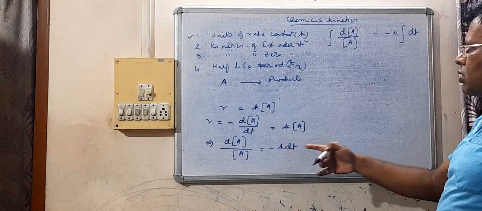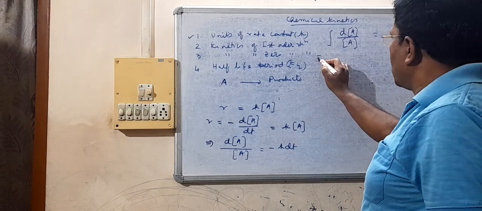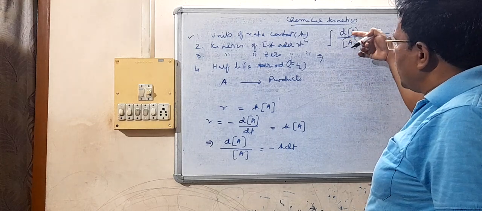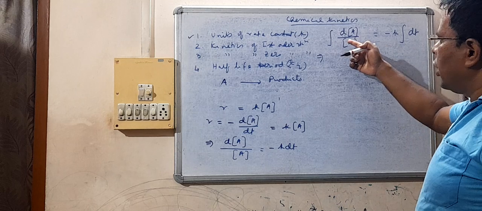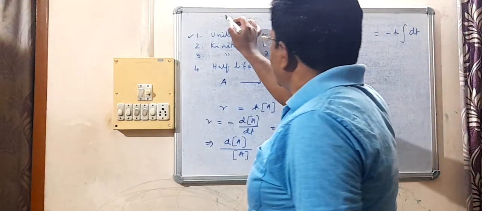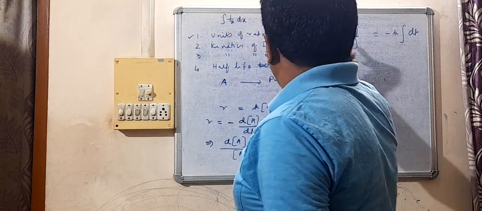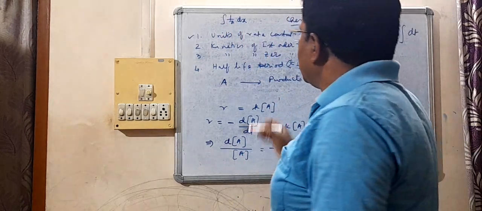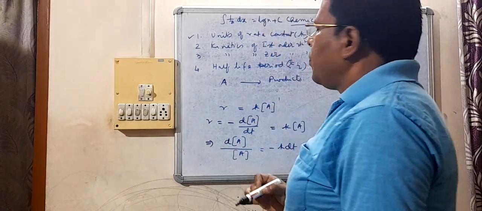Since k is a constant, it will come out of integration. Now this is a standard form of integration. Let me write down, it is integration of 1 by x dx. Of this form, it is log x plus c.